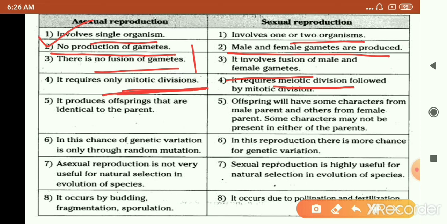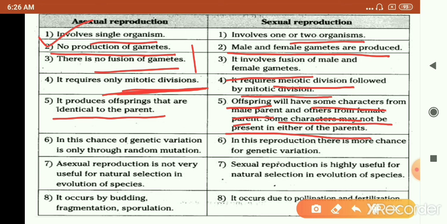And then once a zygote is formed, the development of the zygote into an individual happens by repeated cell division, and that occurs by mitosis. The young ones of asexually reproducing organisms are genetically identical, whereas in sexually reproducing organisms, the young ones, also called offspring, will have some features of the male and the female parent, and there will be some characters which are present in neither parent.